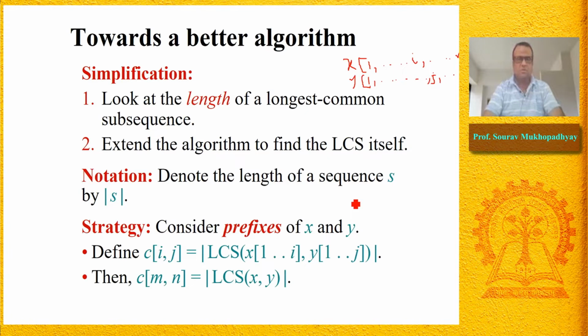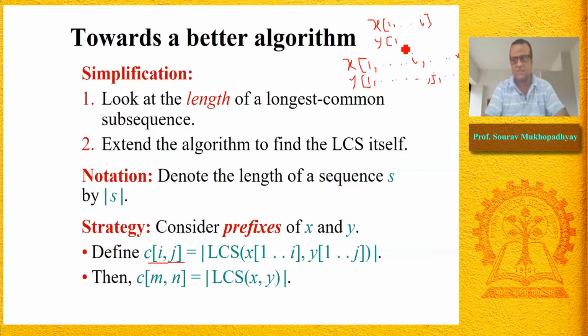Now we want to define some C[i,j]. C[i,j] is nothing but this: we take two sequences, x from 1 to i, which is a prefix of x obviously, and y from 1 to j.